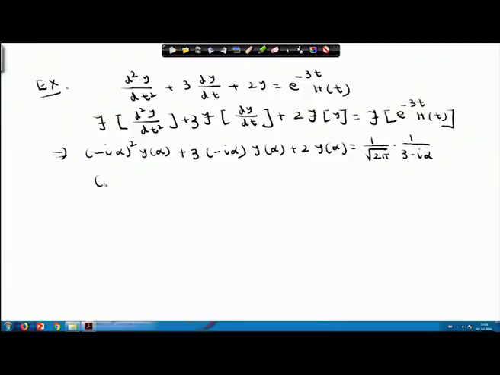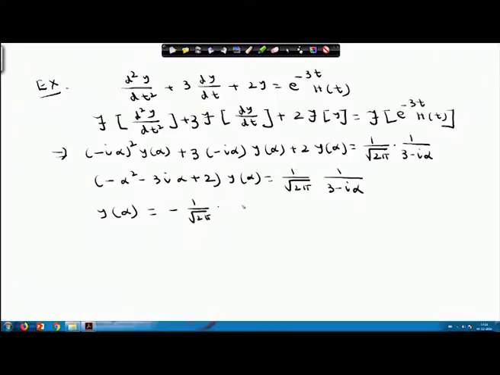So, this you can write down as minus alpha square minus 3 i alpha plus 2 of y(alpha). This is equal to 1 by root 2 pi into 1 by 3 minus i alpha. So, you can write down y(alpha) equals minus 1 by root 2 pi into 1 by 3 minus i alpha into 1 by alpha square plus 3 i alpha minus 2, minus we have taken common.